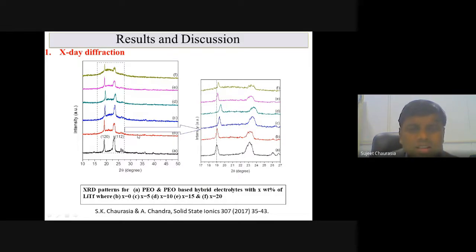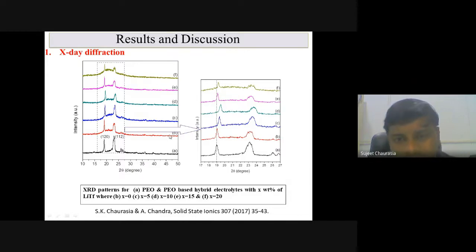Upon incorporation of different weight percent of the lithium salt to the pure polymer PEO, we can see that the area of the hollow increases with increasing salt content, which shows that the hybrid electrolyte membranes having highest lithium salt content are more amorphous.